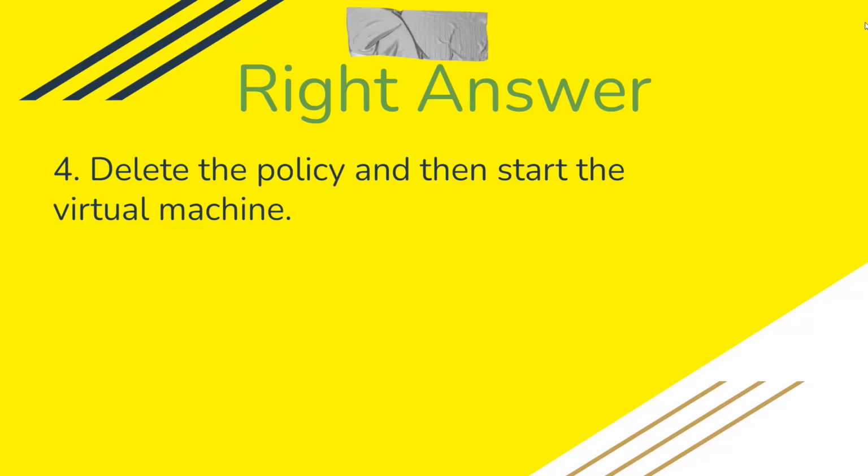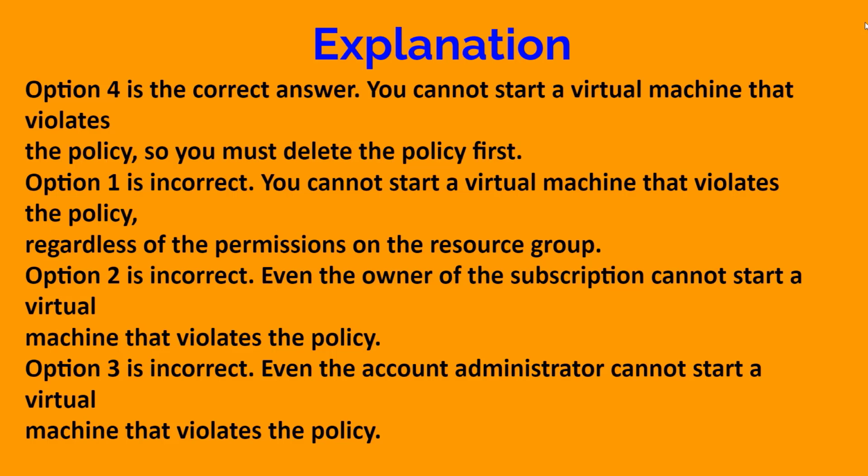Right answer is 4. Delete the policy and then start the virtual machine. Explanation. Option 4 is the correct answer. You cannot start a virtual machine that violates the policy, so you must delete the policy first.